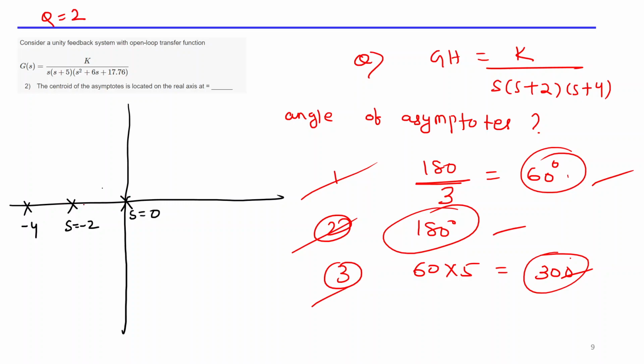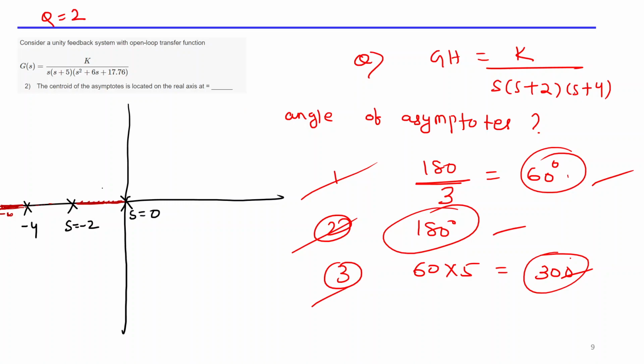From s equal to 0 to s equal to minus 2, there exists a root locus branch, right? Again, this part does not belong to the root locus. From minus 4 to minus infinity, this path belongs to the root locus diagram. Those belonging to the root locus diagram I am denoting by red lines, and those that do not belong I am denoting by black lines. Up to this, you are clear?